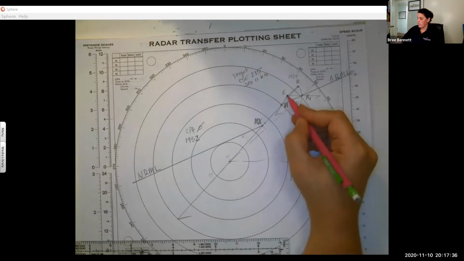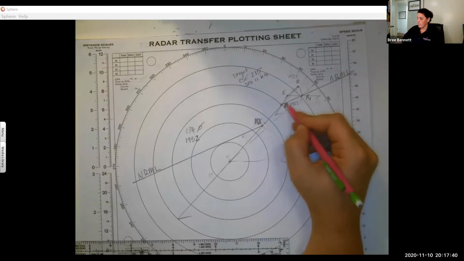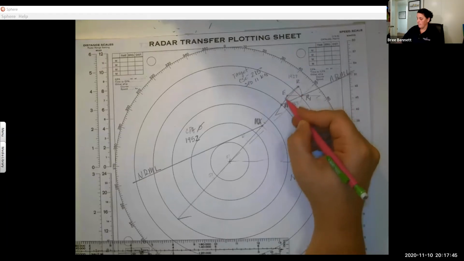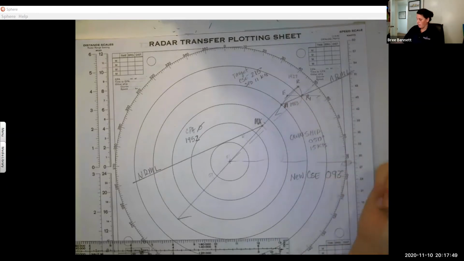So my new triangle is E, M, and R prime. That is that second triangle. My original triangle was very flat, right? It was a meeting situation. Okay.